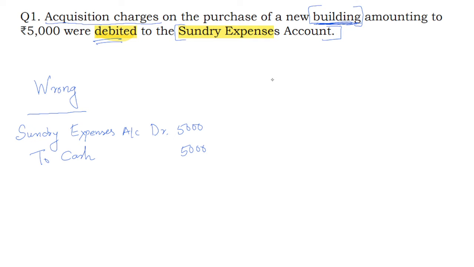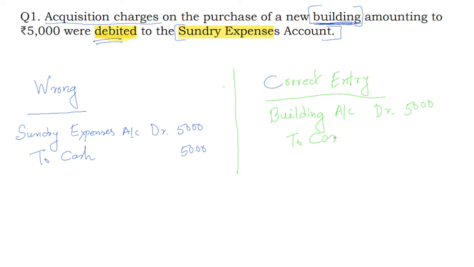So the correct entry should be: Building account debit 5,000, to cash.